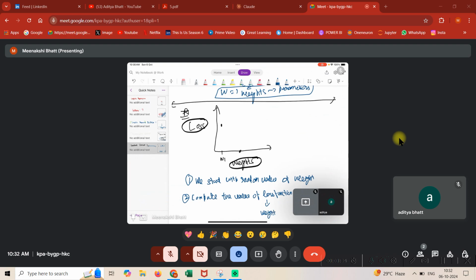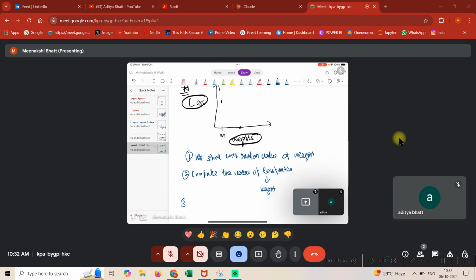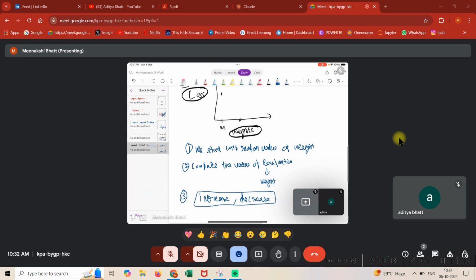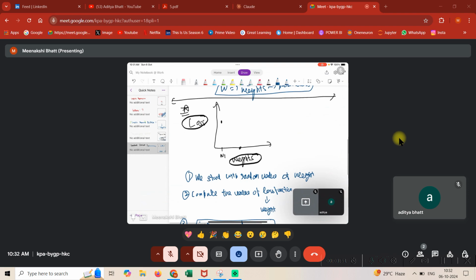There are only two situations: either I need to increase the value of weight, or I need to decrease it. There is no third option. Obviously there would be an option that I don't change it, but let's assume we are starting our optimization journey and we need to find the optimal value of w for which the loss function is minimal.